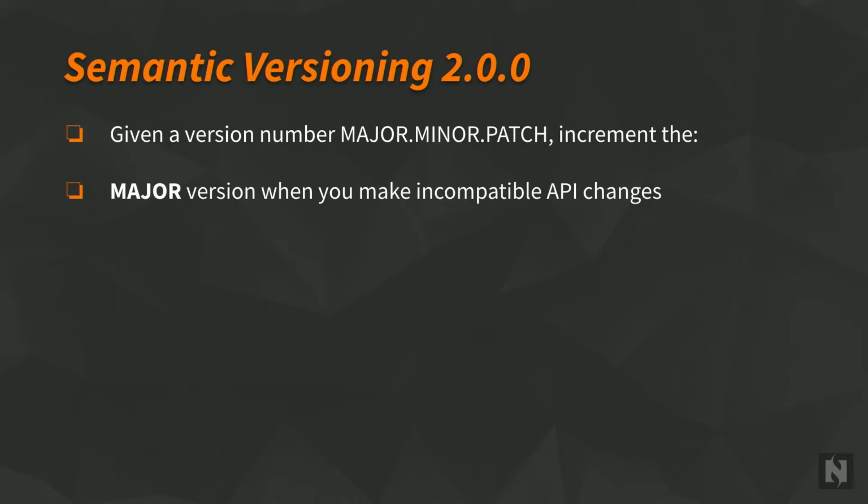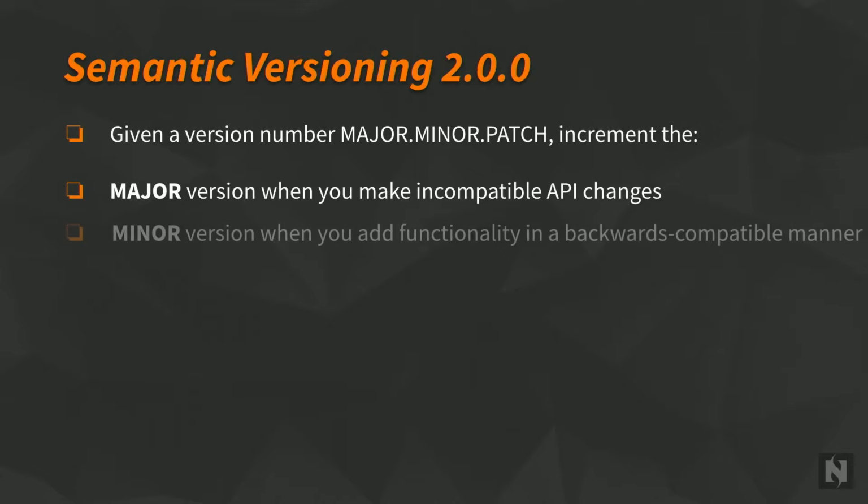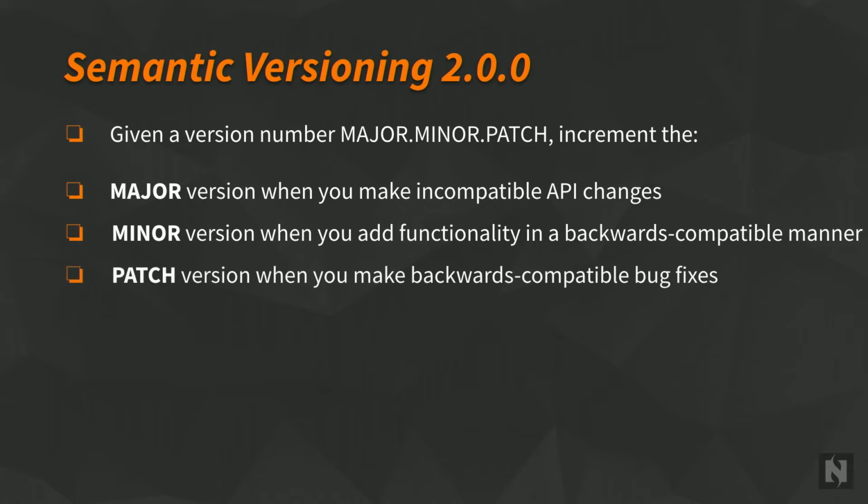For a major version, when you make incompatible API changes, then set your extension from 1.0.0 to 2.0.0, then 3.0.0, right? For a minor version, you add it whenever you are adding backward-compatible functionality. For a patch version, you are doing bug fixing only, then you just set the patch version.